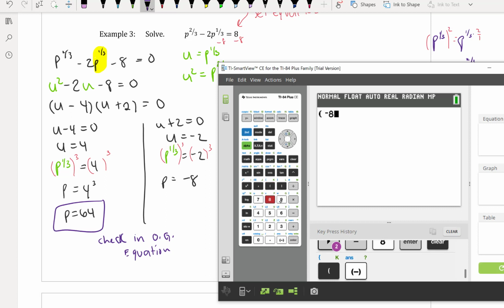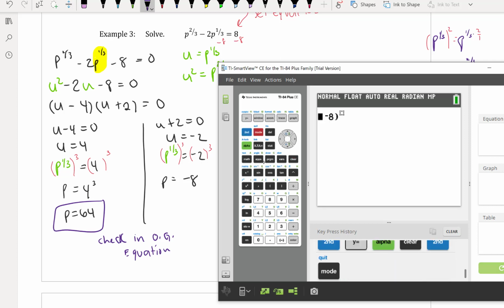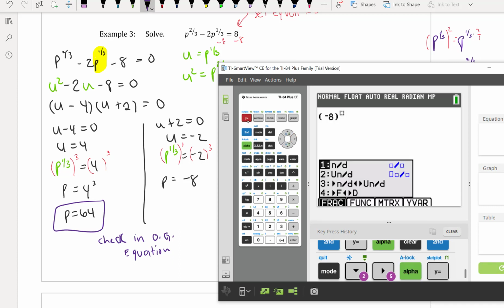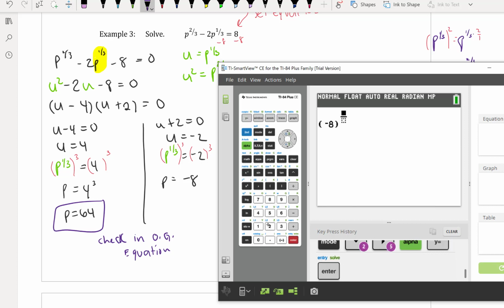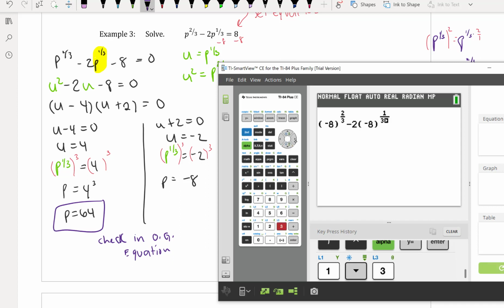So I'm going to have a negative 8 to the power of 2/3, minus 2, and I have my negative 8 to the power of, now I have 1/3, minus 8.